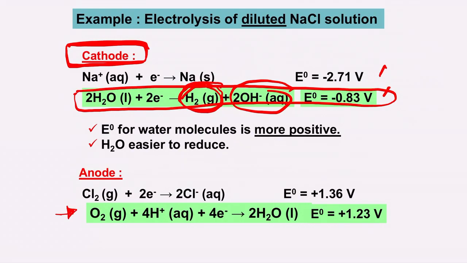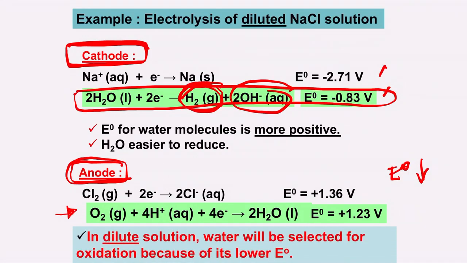So between these two, for a diluted aqueous solution, at the anode you are going to pick the anion with a more negative, or less positive, E0 cell, the smaller one. So basically you're going to oxidize your water.